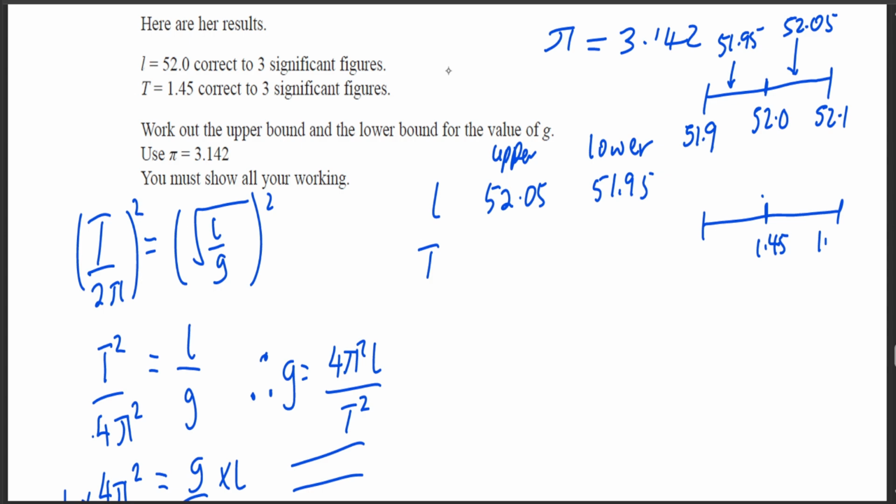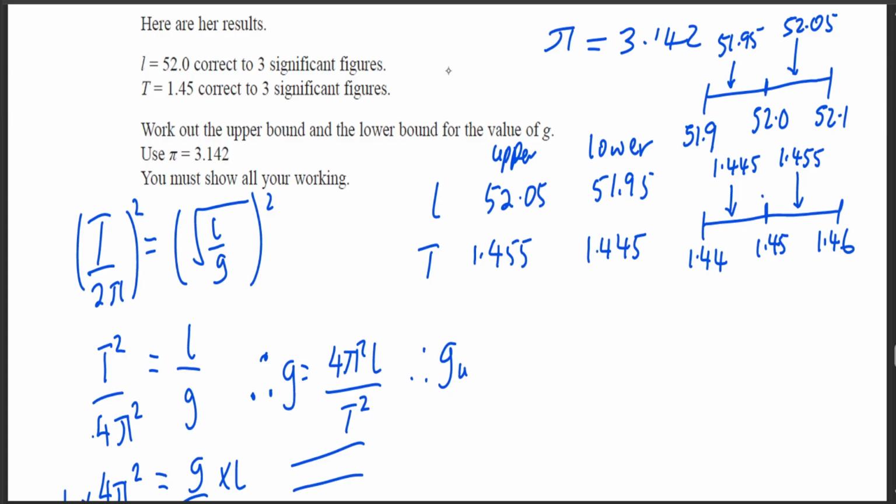So using this formula, if you want to get G upper bound, we take L upper bound, divide by T squared lower bound.